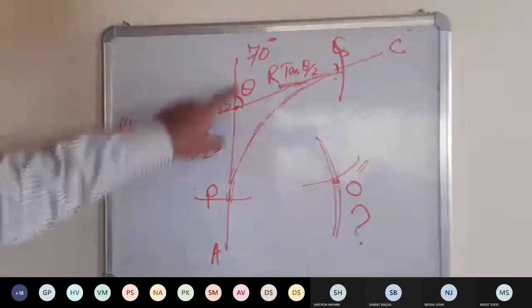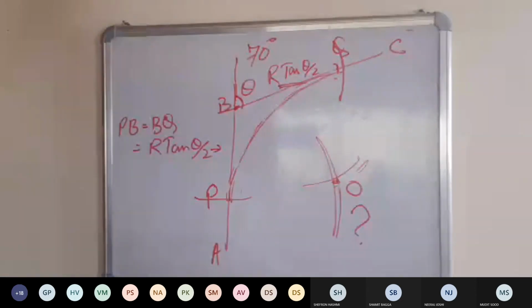All right. Let us say this is 70 degrees angle of alteration. The radius you have decided is let us say 2 miles.